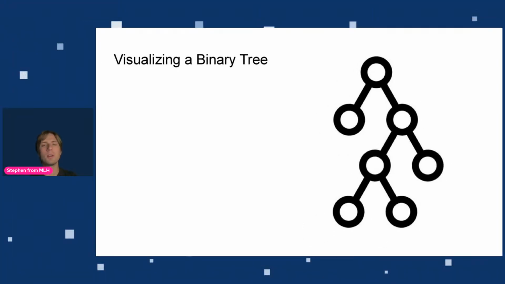All right, so just to give you the answer here, a full binary tree is one where, remember, each node has either 0 or 2 children. So can any of you see a node which does not have either 0 or 2 children?